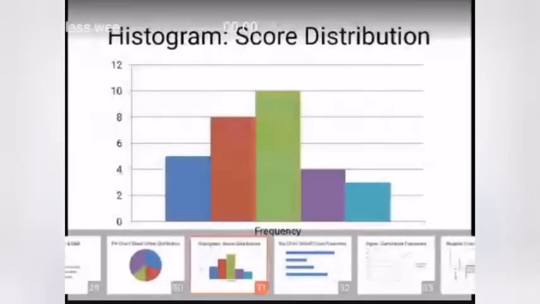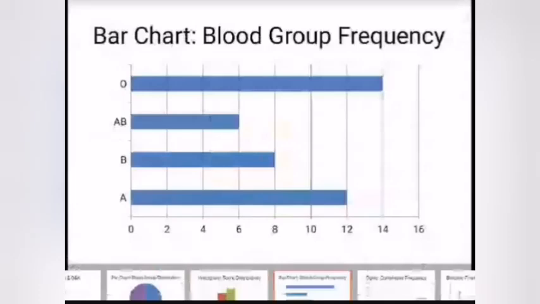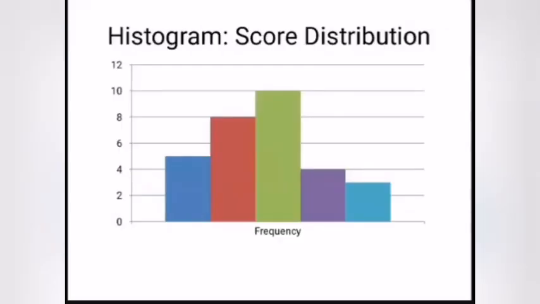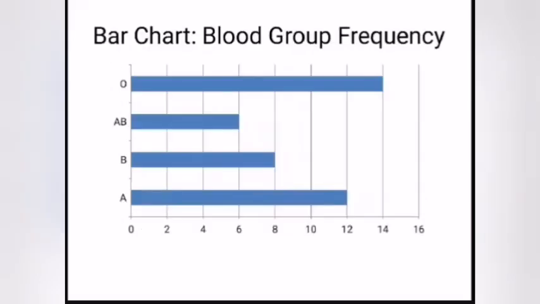This is a histogram. The bars are touching together. And in bar charts, there are spaces between the bars. This can be vertical, this can be horizontal as well. In a histogram, there are no spaces, the bars are touching each other. That is basically the difference between histogram and bar charts.